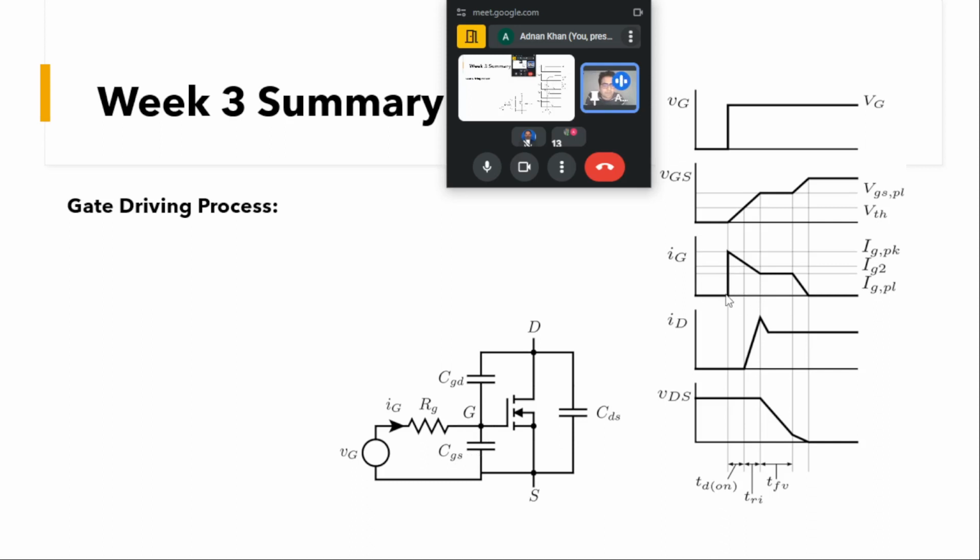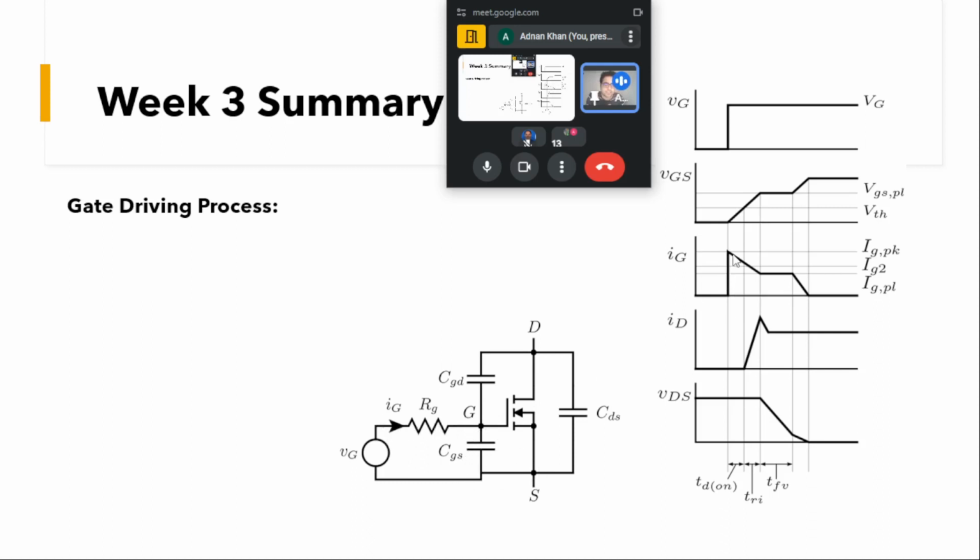So a high amount of current will flow initially as soon as we apply the VG, because the whole VG will be applied across this resistance. So you will see IG will rise to the peak value initially, but after some time this CGS will start to charge. So the voltage will build up across the CGS, and that will limit our current.